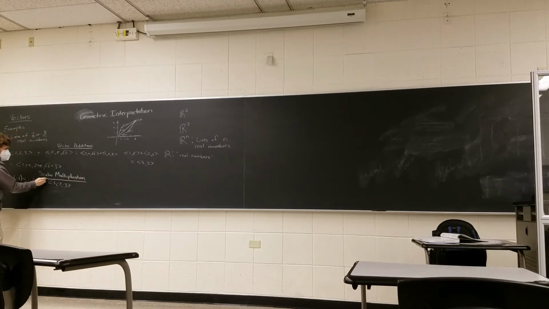In 2 dimensions, we had another kind of, in 3 dimensions, we had another kind of multiplication. Does anybody remember that? We had a product. We did have a dot product, but it did not give us another vector. Yeah, cross product. We had the cross product in 3 dimensions.